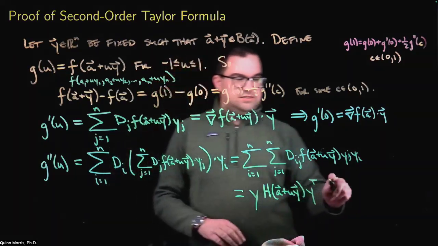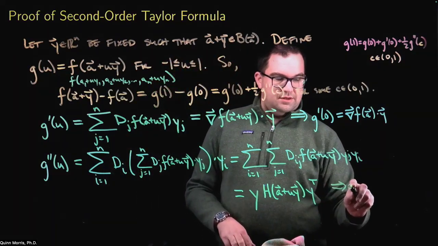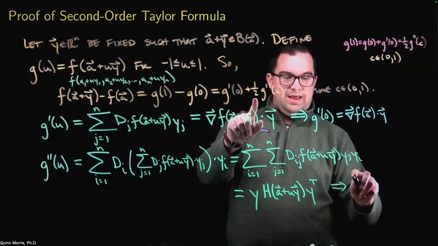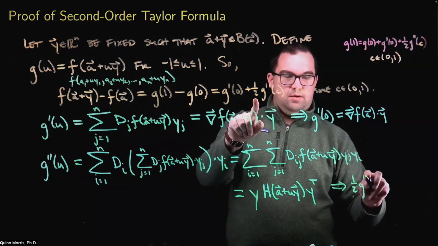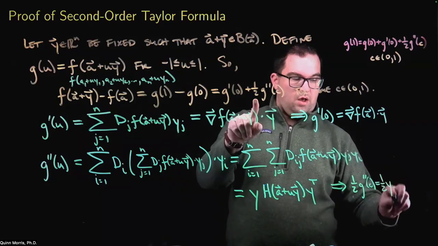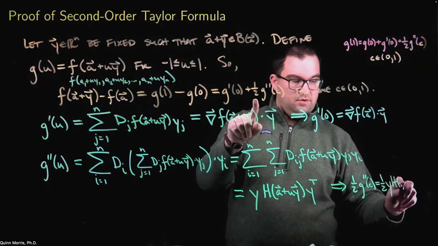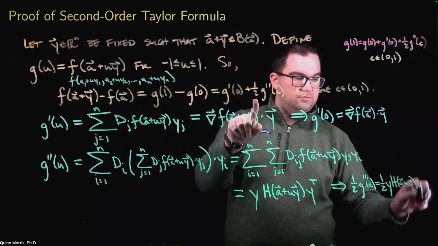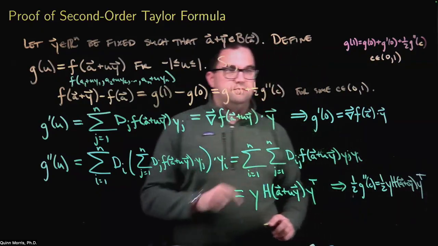And so all of this tells me that, let's even go ahead and take it a step further. We want to write 1/2 g double prime of c. That's going to be 1/2 y h of a plus cy times y transpose.